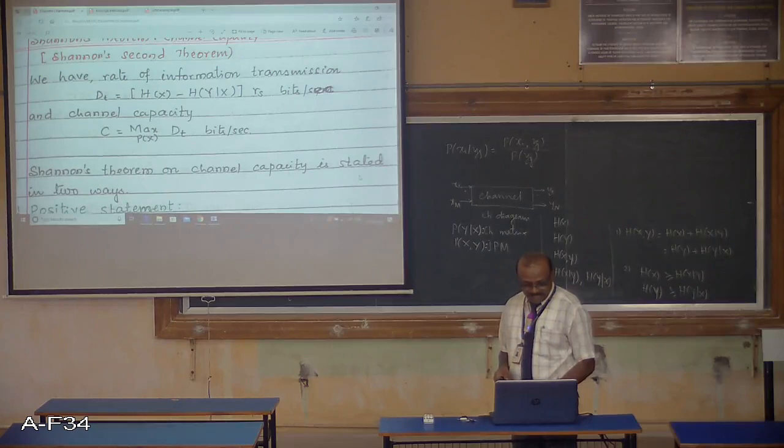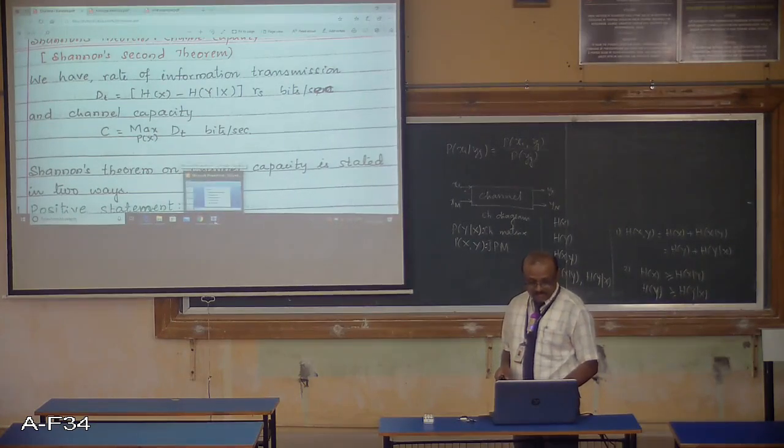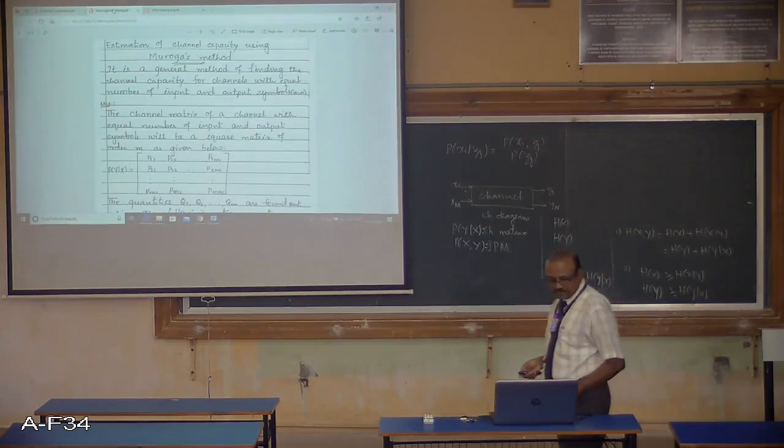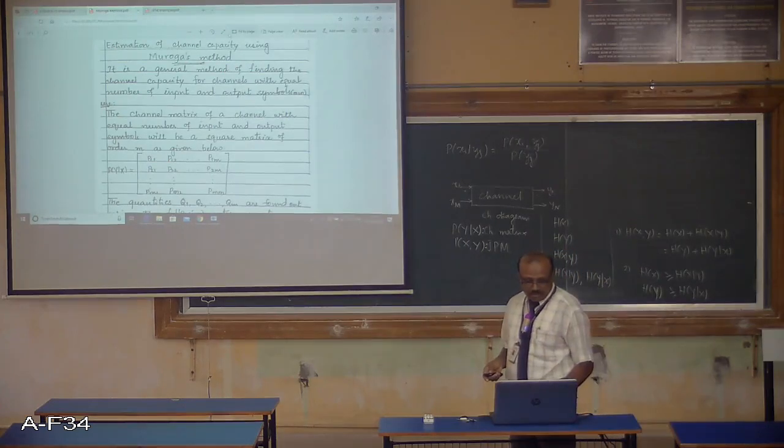A special case of estimation of channel is given by another method called estimation of channel capacity using Muroga's method.